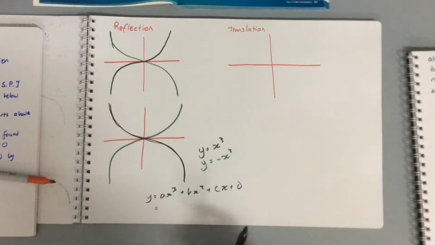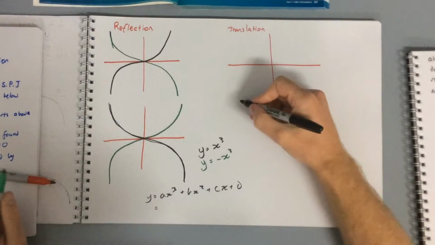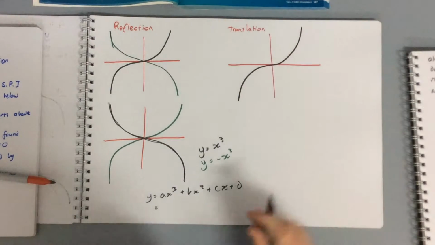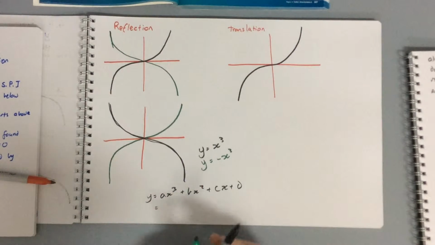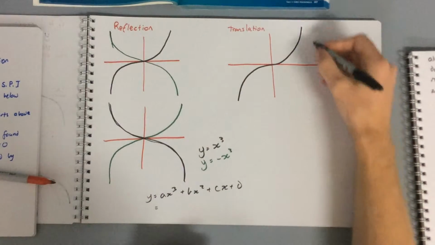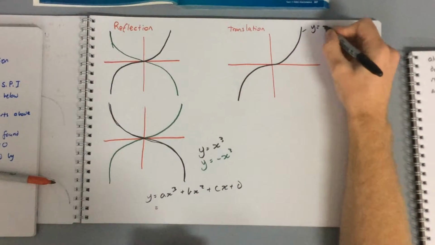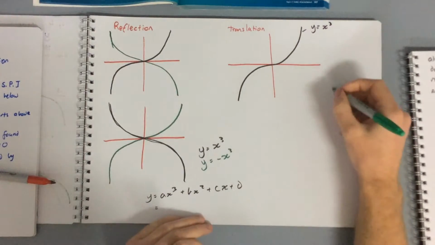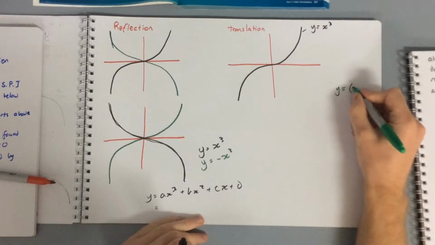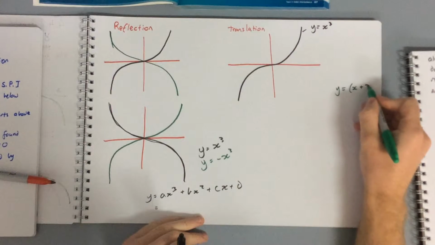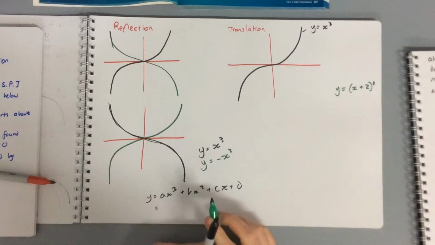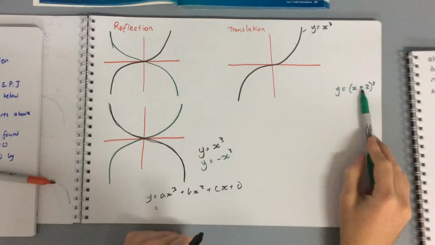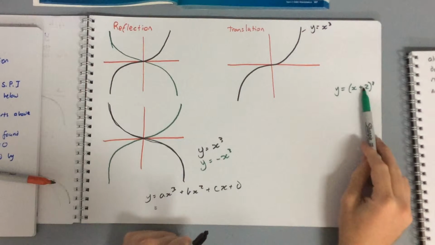Translations, so that's moving it left and right. Again, just as a reference point, let's start with that. Say that's y equals x cubed. Let's say we had the graph of y equals (x plus 2) cubed. Well, all that's going to do, like our quadratics, is move it left and right.